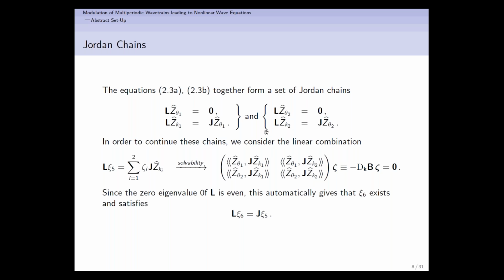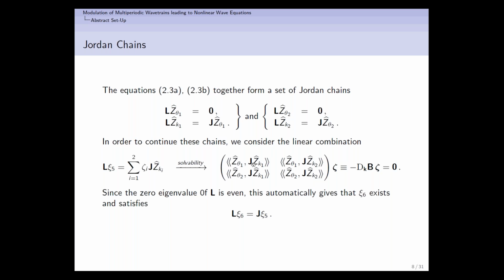And in fact, the most general way of doing it is to consider a linear combination of the two. Okay? So we add the amount of this together, and then we check solvability to see if we have another element that satisfies this. And so by taking that inner product, we end up with this matrix system here.